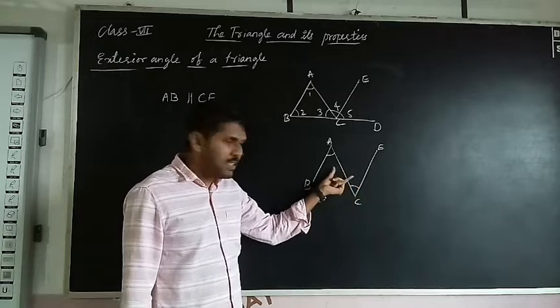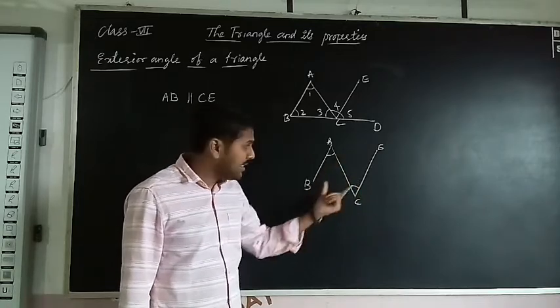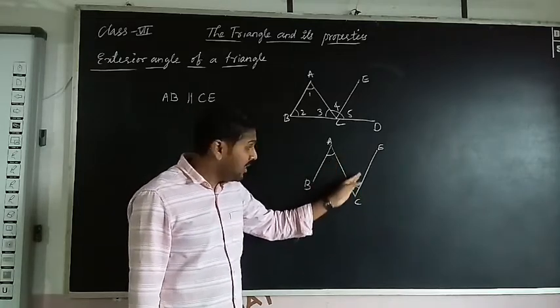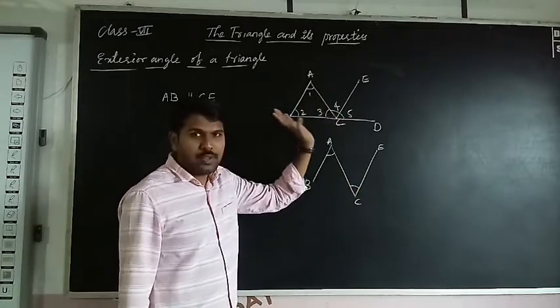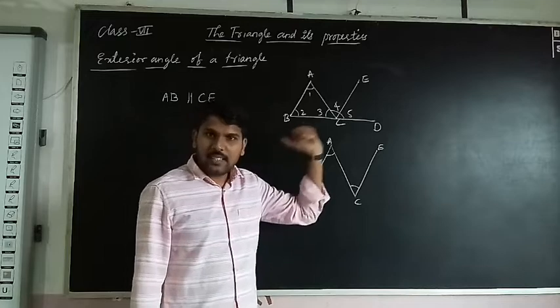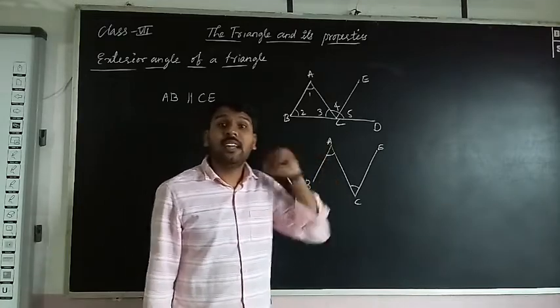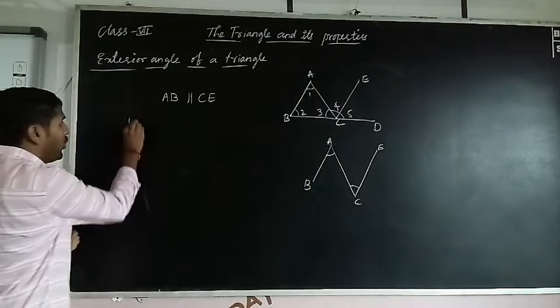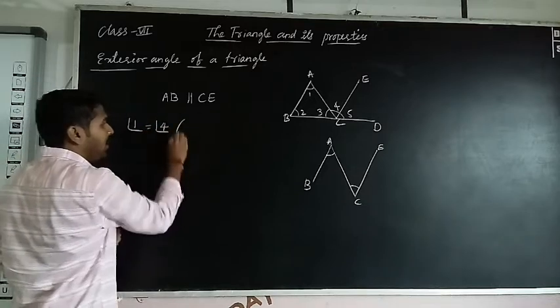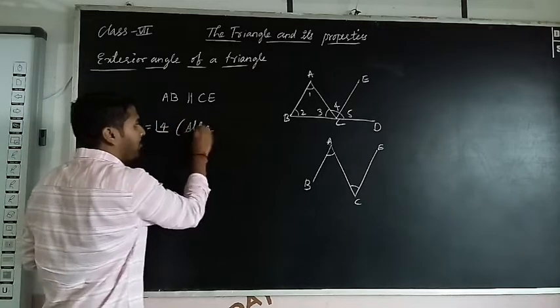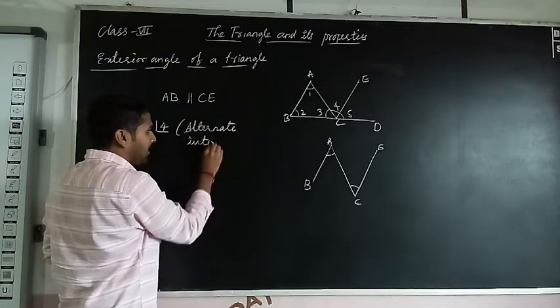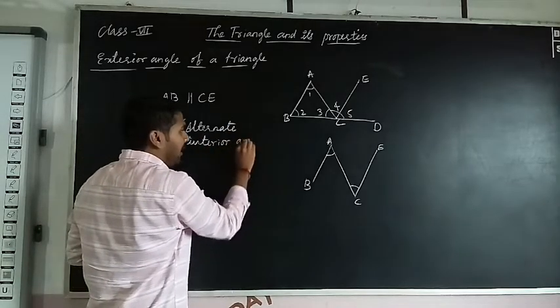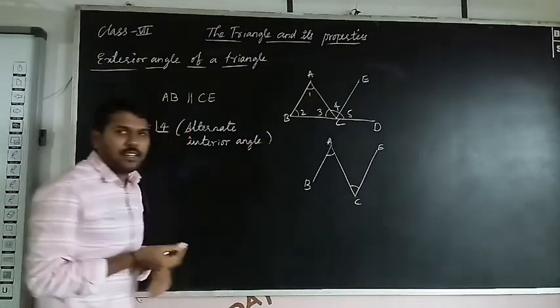Can we say these two angles are alternate interior angles? Interior angles first, and they are alternate because of different vertices. So here 1 and 4 are alternate interior angles. So here 1 equals 4 by alternate interior angles.